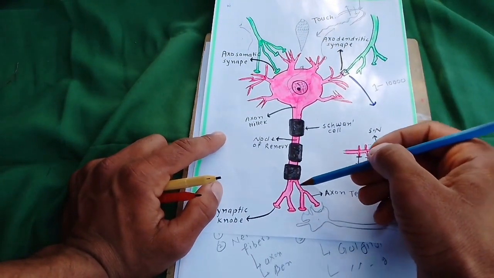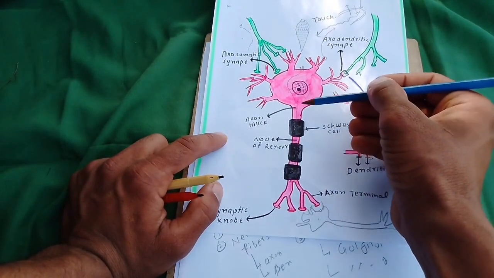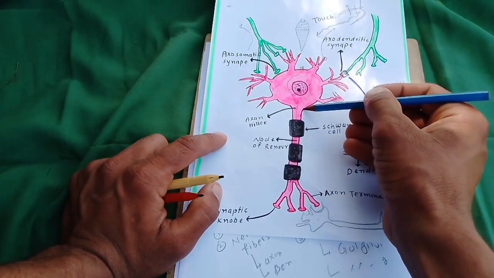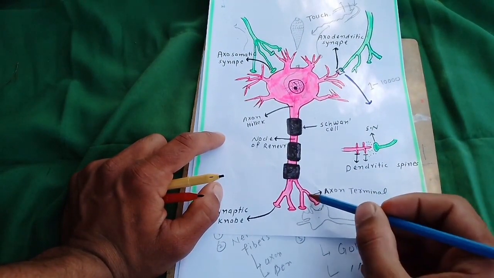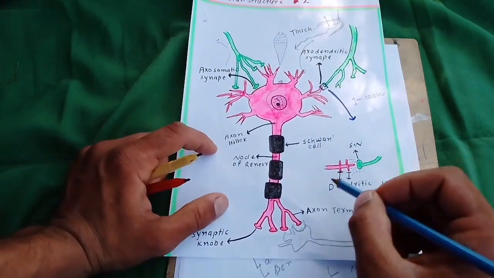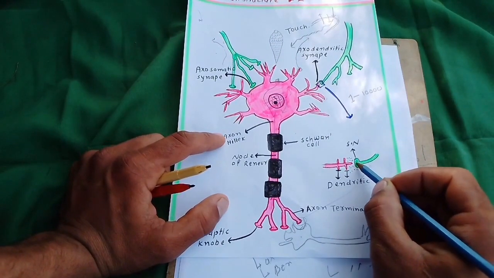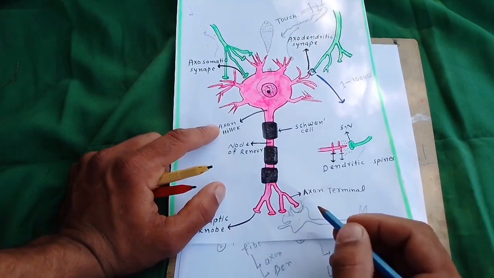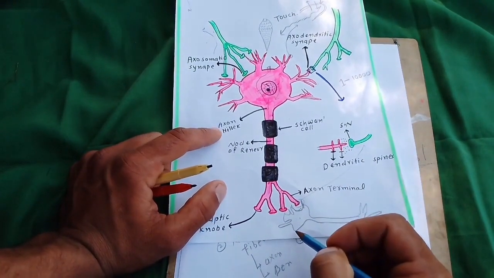The axon is branched at the end. The axon does not branch at the middle or at the start, but it branches at the end into the axon terminal. This is the axonal terminal. The axonal terminal has a synaptic knob which makes a synapse with the dendritic spine of the other cell body.